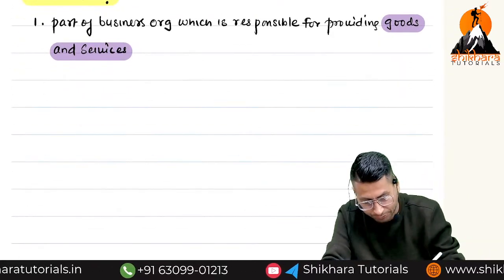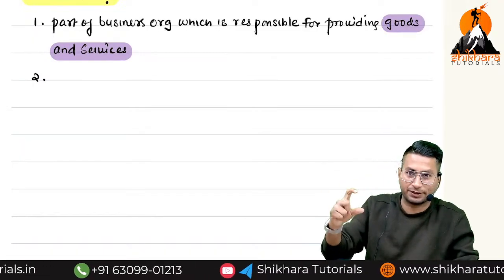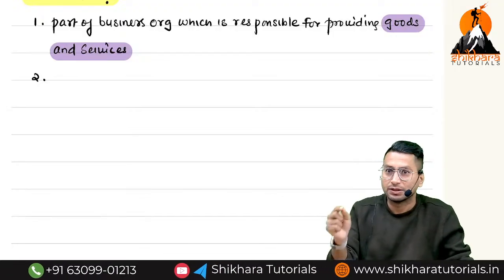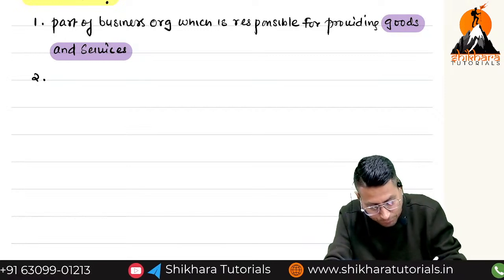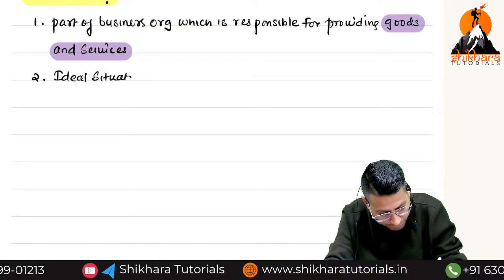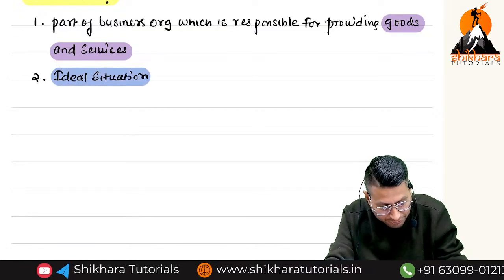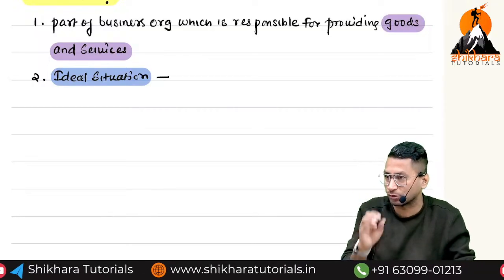Next, point number 2. Remember I told you, in every business there should be an economic match between what? Demand and supply. That is called the ideal situation. If they ask in MCQs what is the ideal situation for every business, what will be your answer?